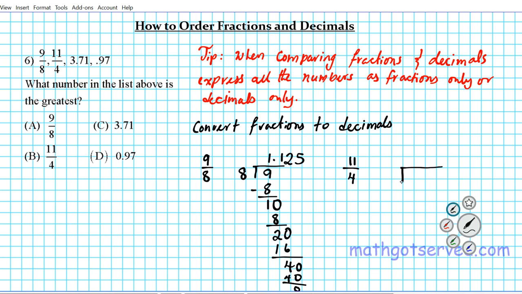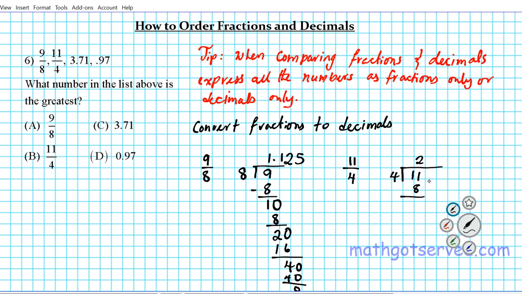All right, so let's do it here. 11 over 4. Top dog goes in the doghouse. Put the 4 here. How many times does 4 go into 11? 4 goes into 11 2 times, okay? So we have 2 times 4 is 8, and you can automatically see that this number, 11 over 4, is smaller than 3.71, okay?